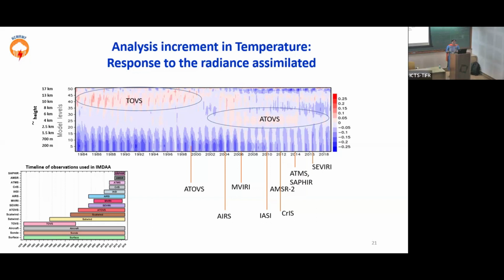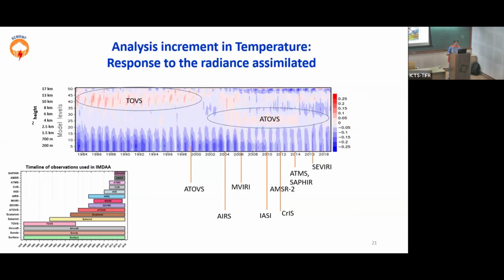The data assimilation system is responding to the introduction of new observations, which is what we have seen. When you look at ERA5, NCEP or JRA, you see almost the same sort of response in their systems also.